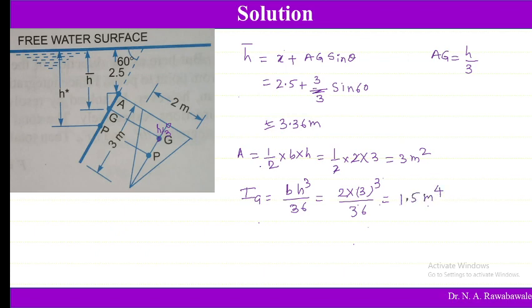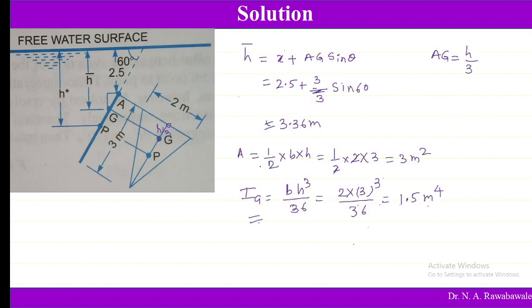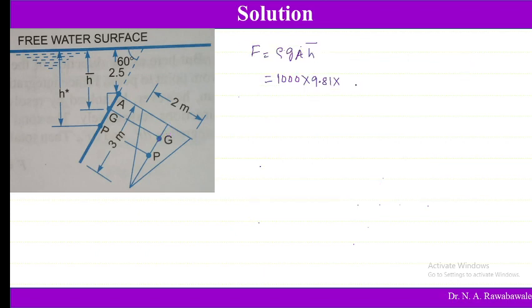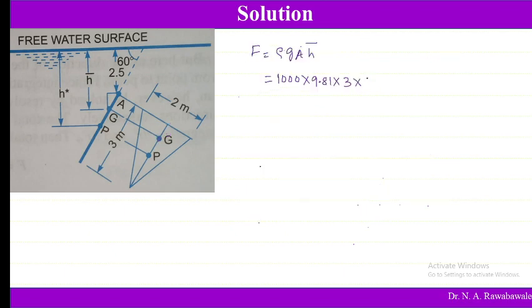Now we know h bar, A and Ig. Directly we can find out F, that is the total pressure force. F is equal to rho g A h bar. Rho is 1000, g is 9.81, into the area of the triangle, which we obtained as 3 meter square, into h bar, which we obtained as 3.36.